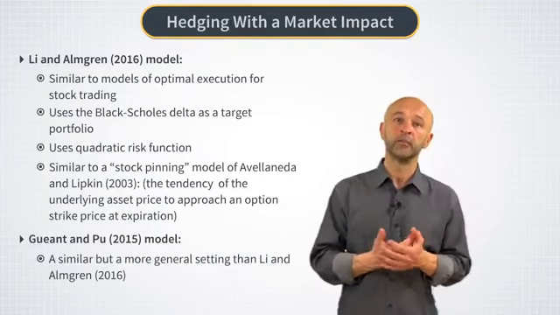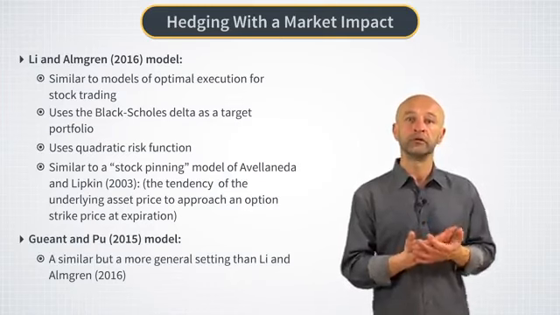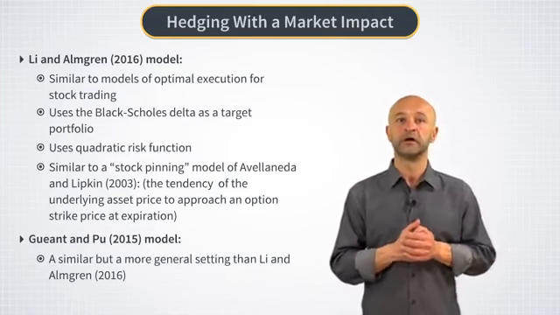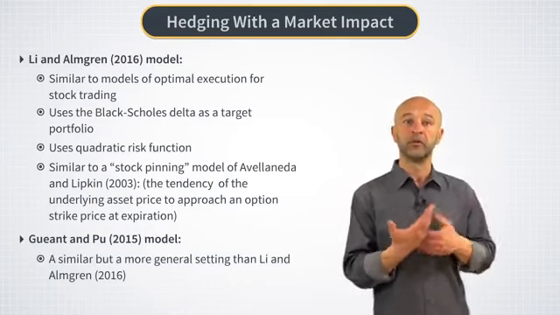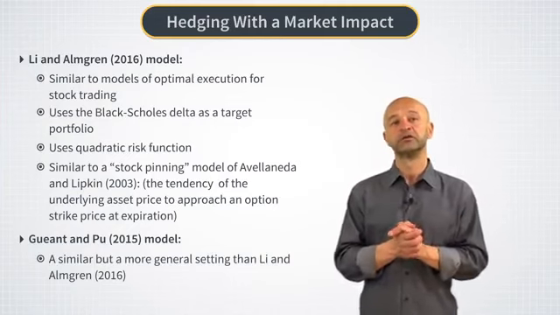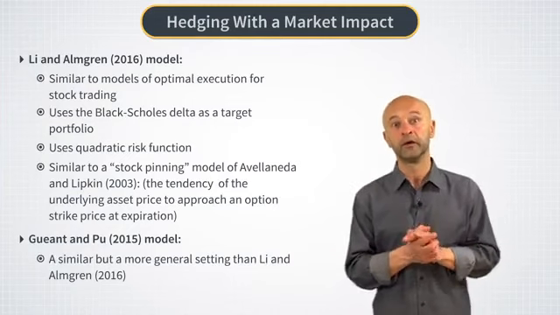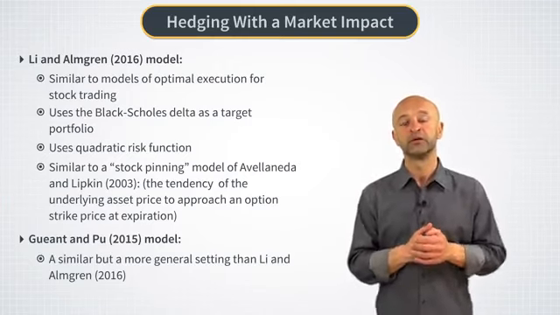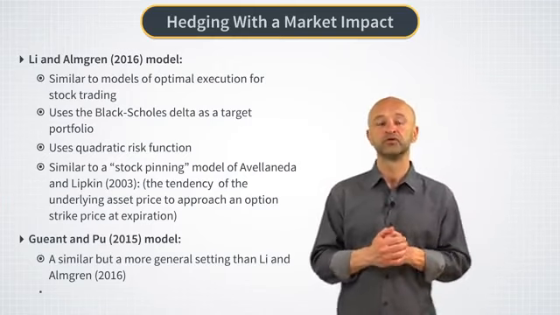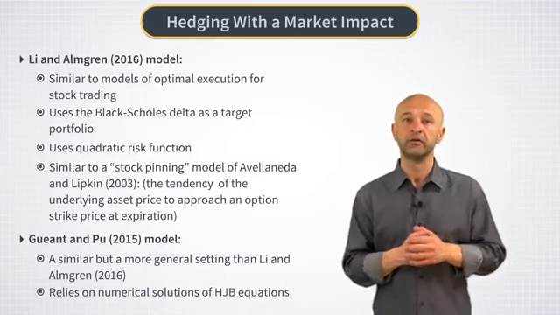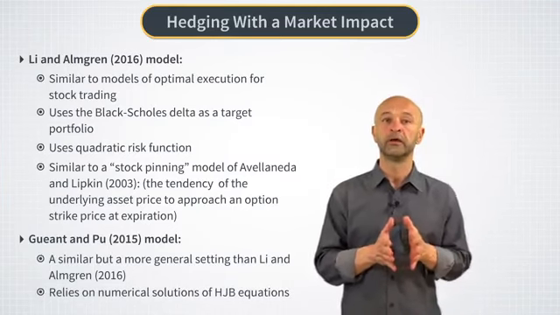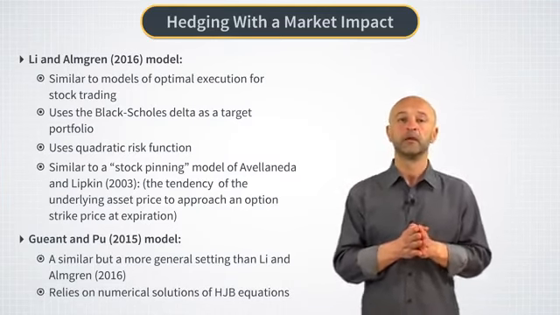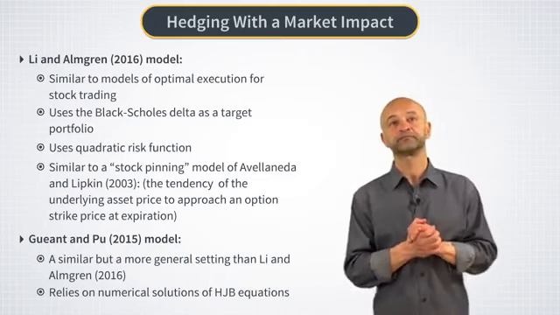While Lee and Almgren focus on analytically tractable settings, a similar framework, but with a more general setting, was developed by Guyon and Henry-Labordère in 2015. Their approach relies on a utility-based approach and amounts numerically to solving an HJB equation, which is computationally heavy.